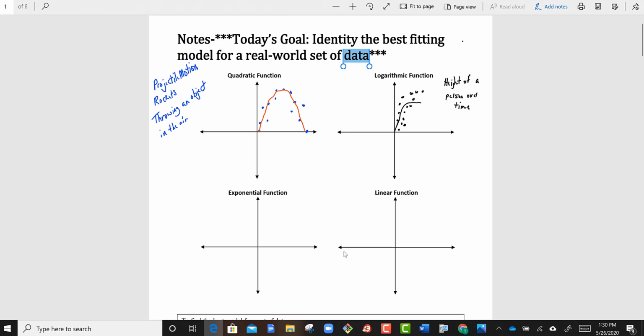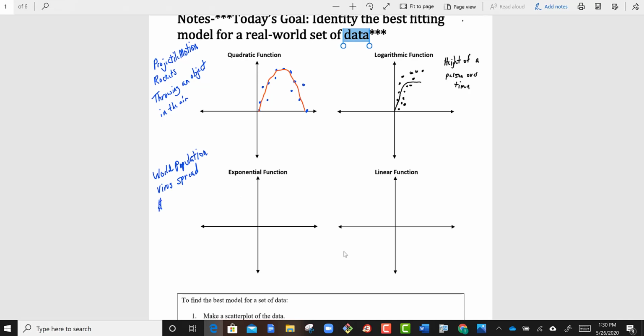Exponential functions, you've seen that in the news a lot, obviously. Or even money. Think compound interest. Again, an exponential function is something that most of the time when we're doing application problems, not always, but we think of an exponential increase.